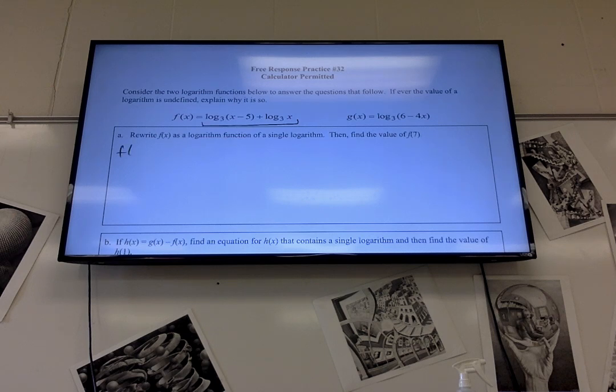So f of x is log base 3 of x minus 5 times x. You can leave it like that, or you can simplify it by distributing. And that would make it x squared minus 5x.